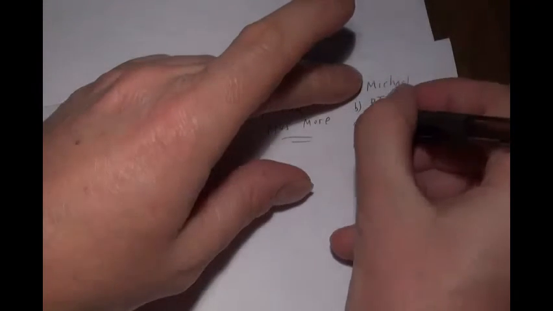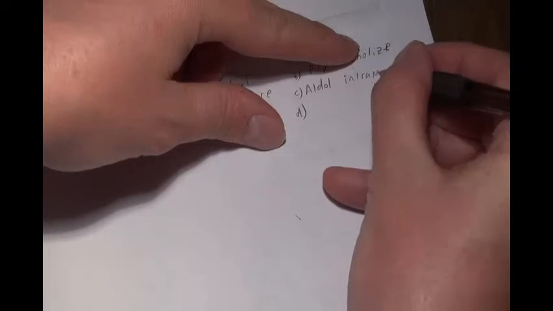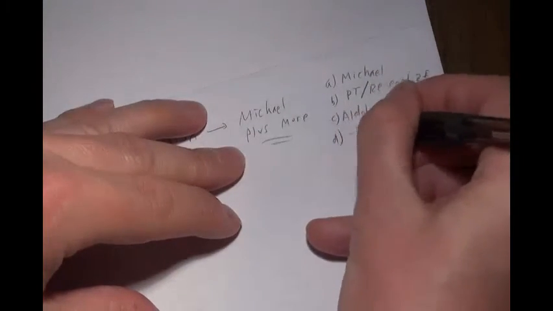Step C is an aldol. We're coming back to aldol. Remember aldols? Hopefully you haven't forgot the aldol. And it's also intramolecular. It's an intramolecular aldol. Okay? Step D, minus H2O.